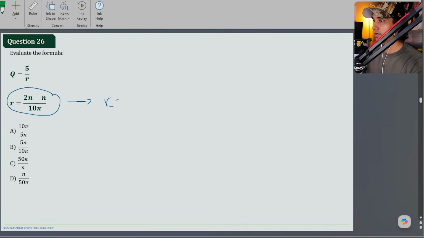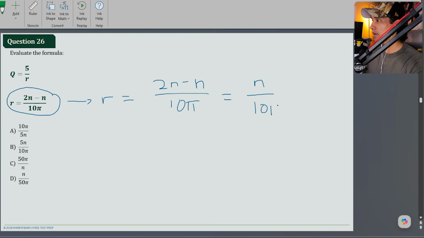So R equals 2n minus n over 10 pi. And then 2n minus n just equals n over 10 pi. Okay? So R equals n over 10 pi.